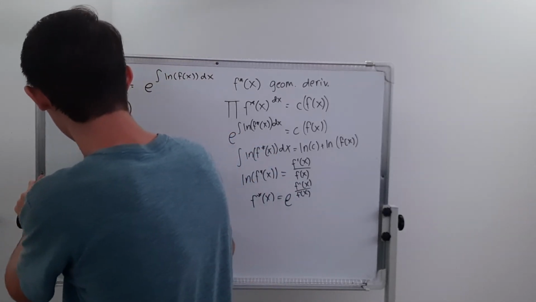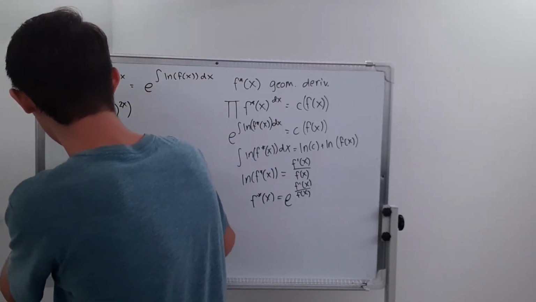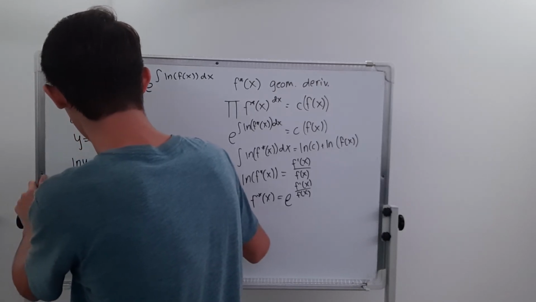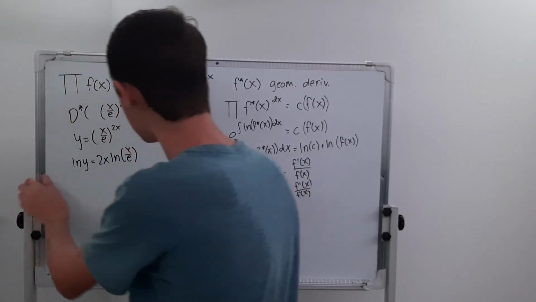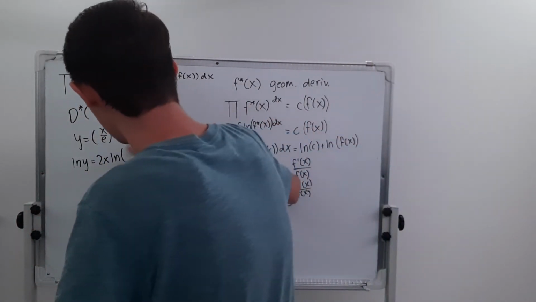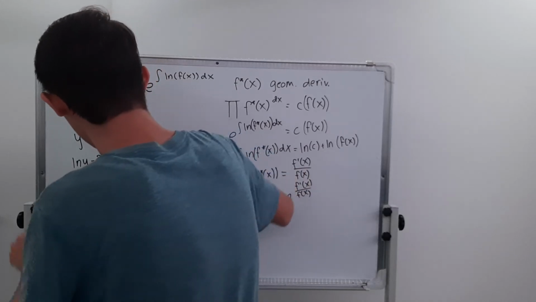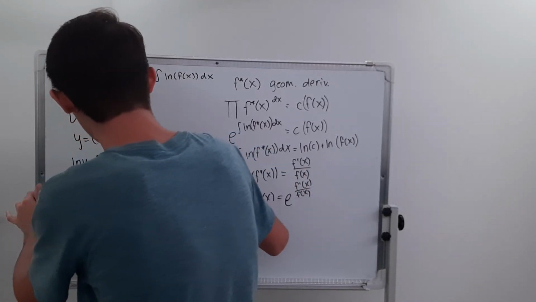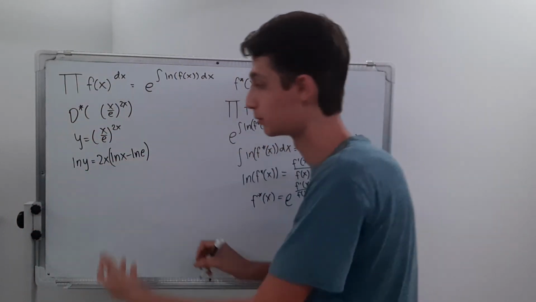So we can say that ln y is equal to 2x ln of x over e, and ln of x over e is just ln x minus ln e. So this is 2x times ln x minus ln e, and ln e is just 1.